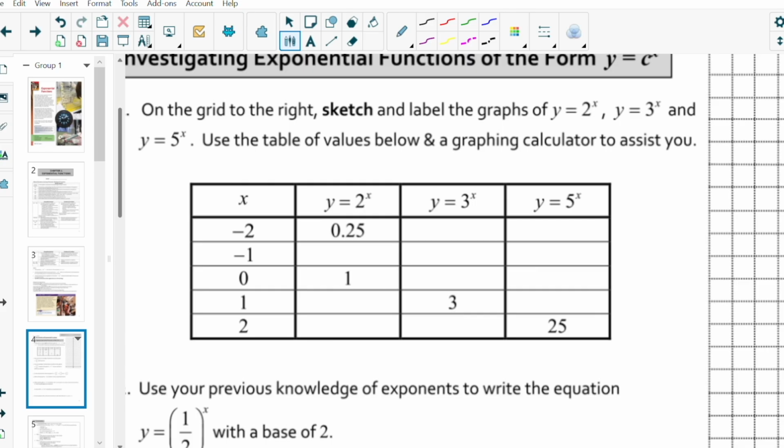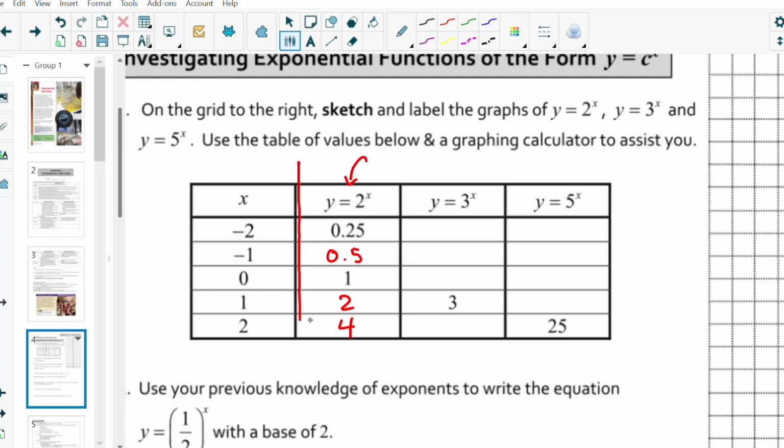For y equals 2^x, for these coordinates, I've gone ahead and just found them on the graphing calculator. If you graph this, you can go to your table of values. So 1, 2, and then 2, 4.